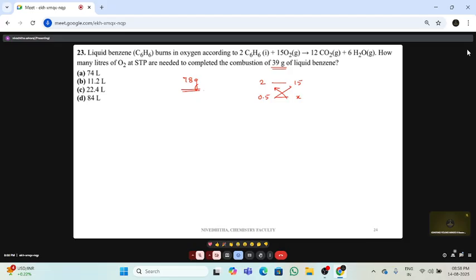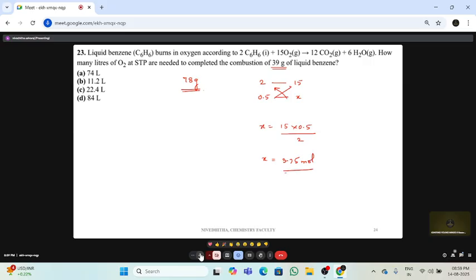What is the value of x? x is equal to 15 into 0.5 divided by 2, right? So what is the number of moles of oxygen required for complete combustion of 39 gram of liquid benzene? 3.75. Yes, it is 3.75.